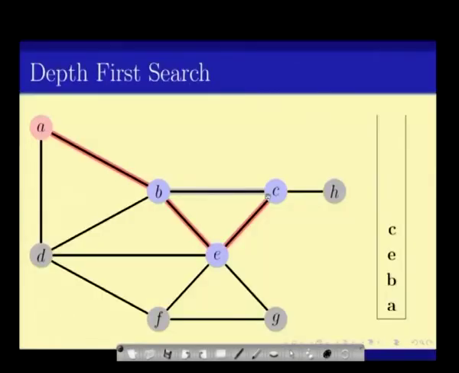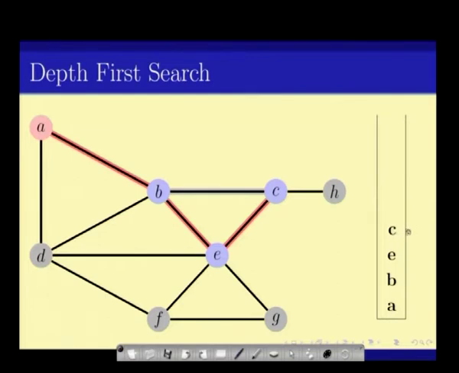So, if I had picked this edge, then I would have got a cycle immediately, a B, E, C cycle, because we have come to C through some path, and now here is another edge that I can see. So, if I see a vertex which has already been colored blue, I discard this edge and do not do anything.